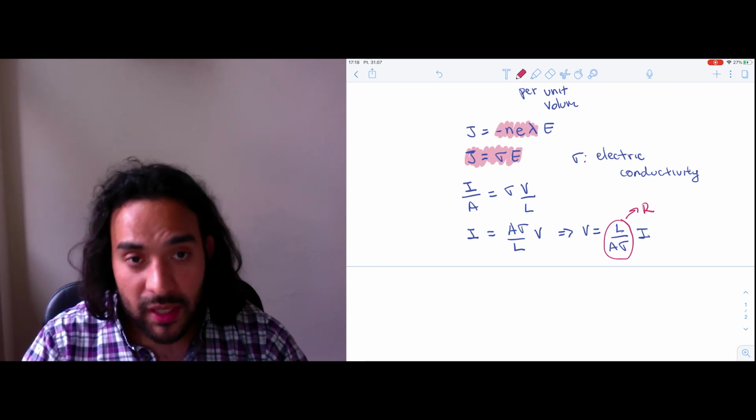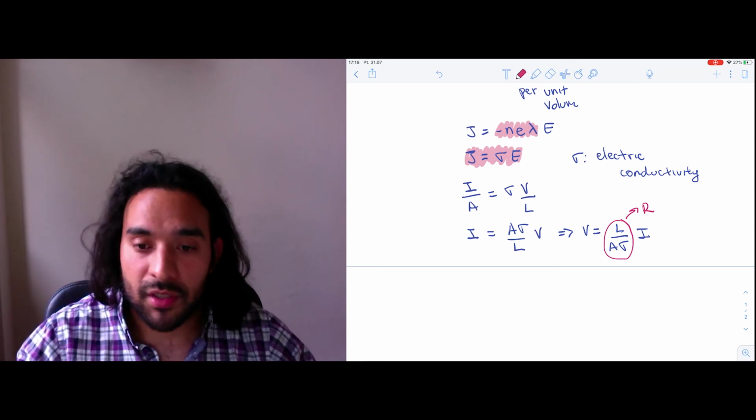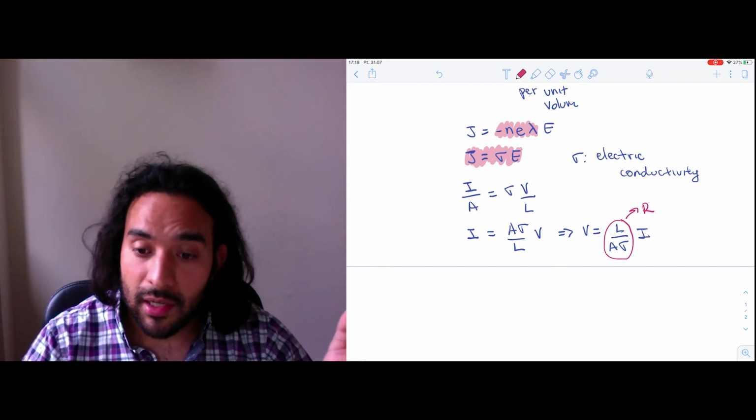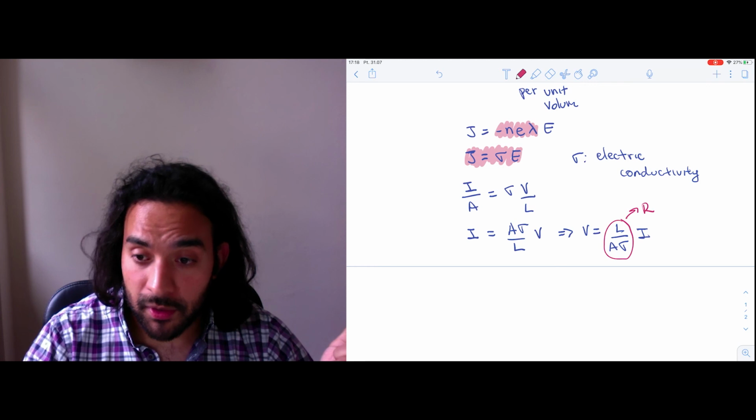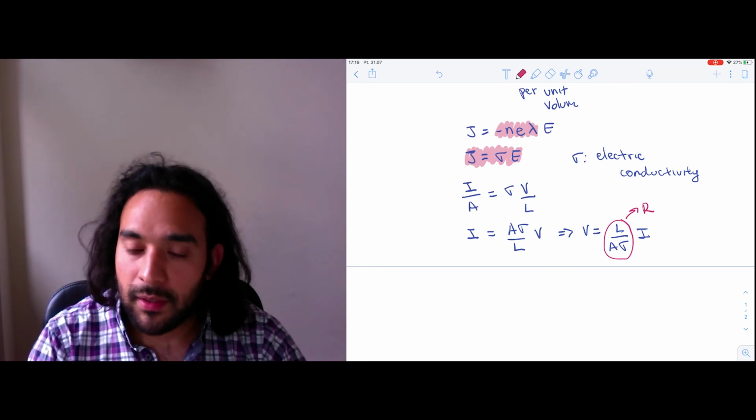So that means that if we increase the potential across a circuit, the current will not increase linearly with the potential, but will have a different behavior, maybe an exponential or something similar.